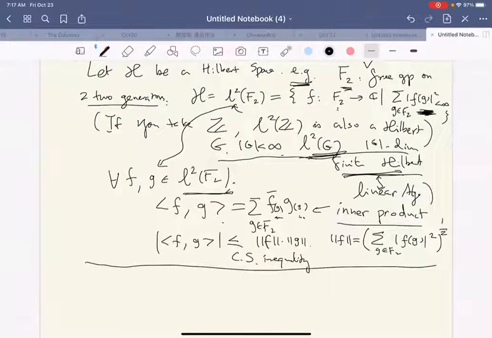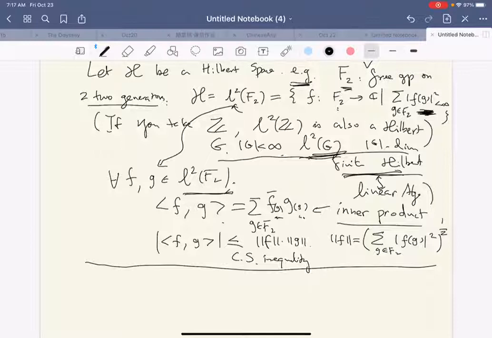So if one has basis cardinality A1 and the other A2, then they're isomorphic if and only if A1 is the same as A2. So separable is not terribly important. If you fix the cardinality of the basis, that determines the Hilbert space.